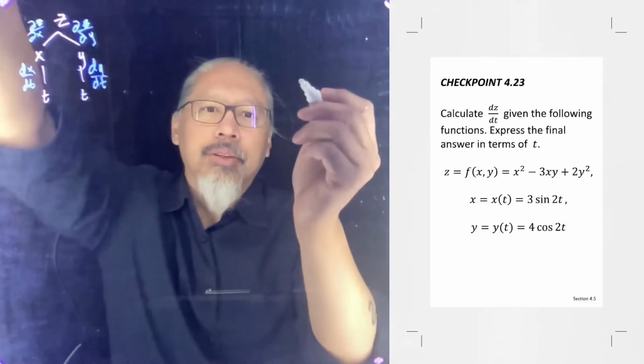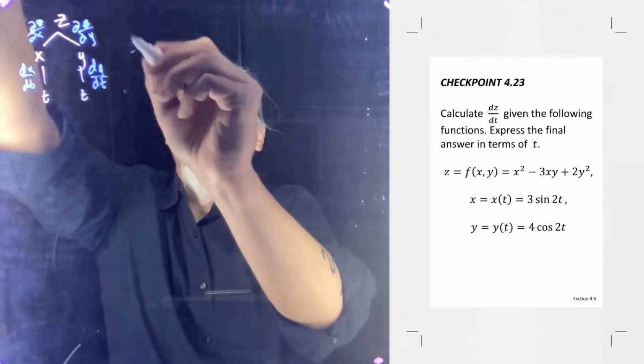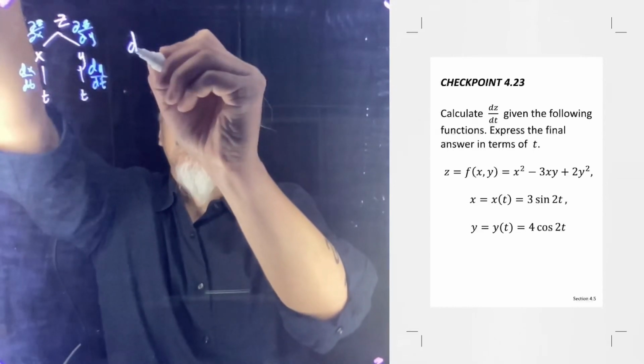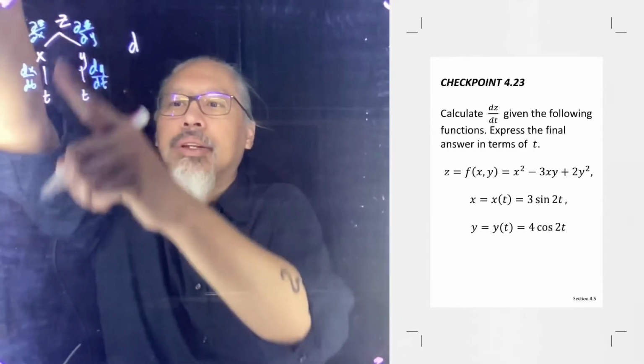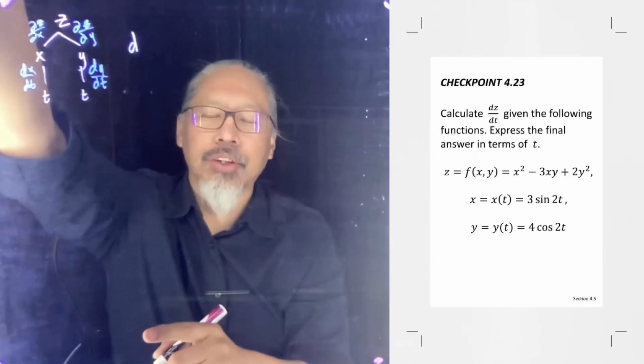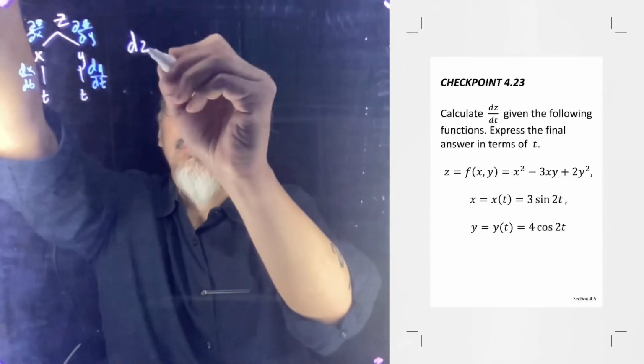So the expression that we're looking for is not the partial but the straight derivative, because z is eventually a function of just the variable t.